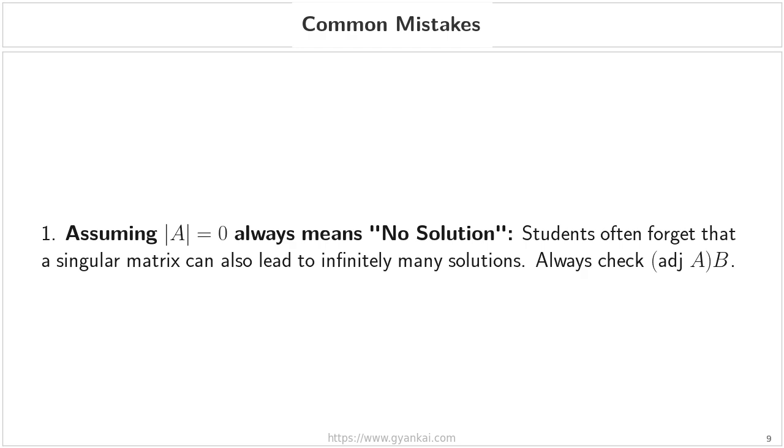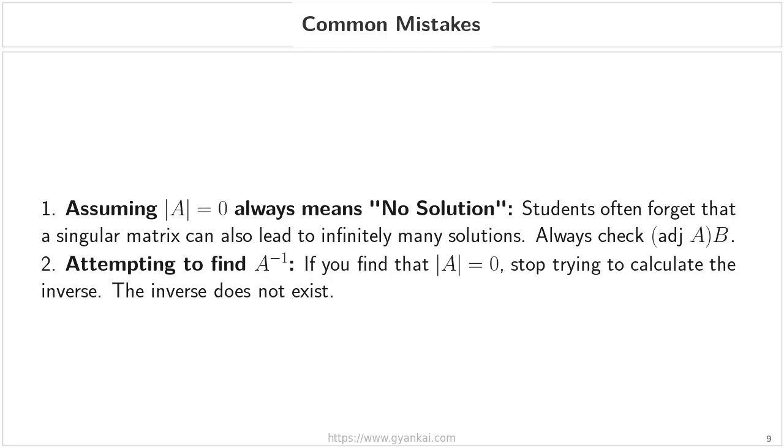Remember what we discussed in the decision criteria: a singular matrix can lead to two different outcomes. It could be an inconsistent system with no solution, or it could be a consistent system with infinitely many solutions. To be certain, you must never stop at the determinant. You must always proceed to check the product of the adjoint of A and the constant matrix B.